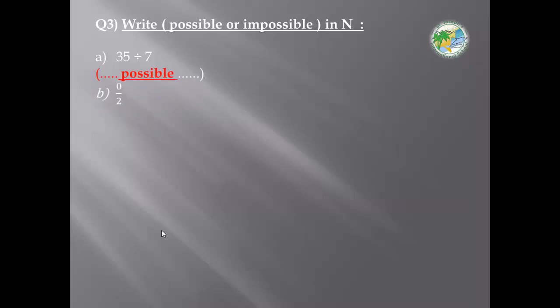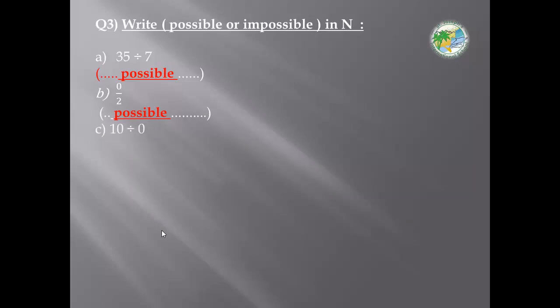B: 0 over 2, possible or not possible? 0 over 2 equals what? Can we divide 0 by 2? Yes. The final answer equals 0. Then possible.